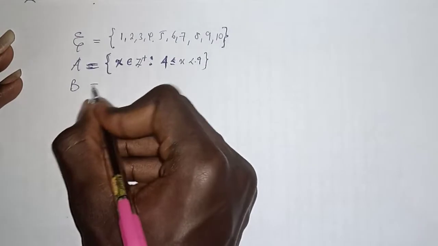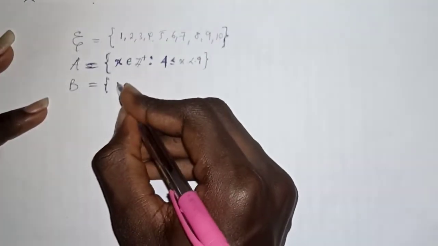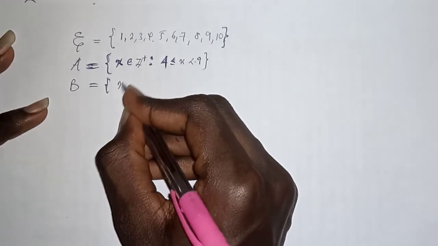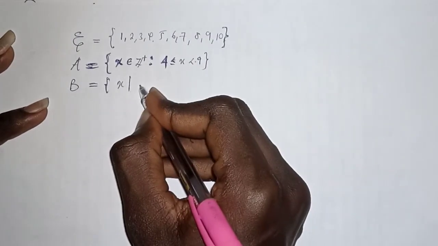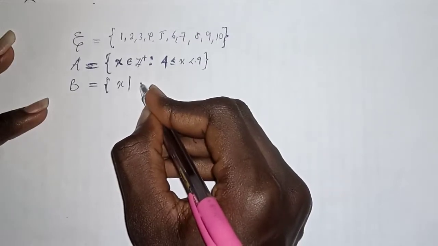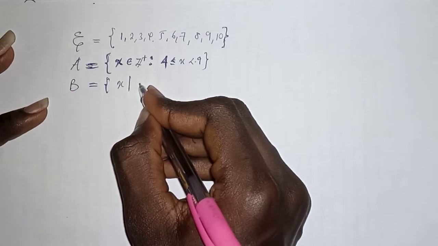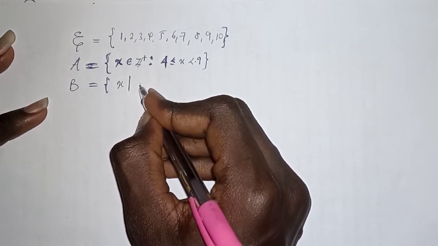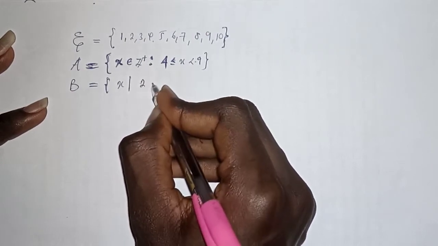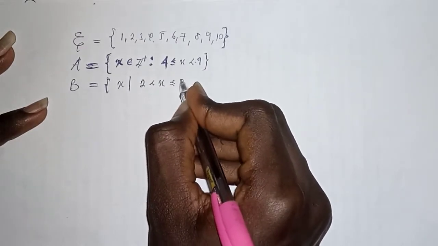And then I might decide to code this one for you also. Set B. Suppose set B is just x such that, let's say I have something like this, whereby I can easily say that okay, I'll try to form a question. Let's say we have 2 less than x and less than or equal to 8.